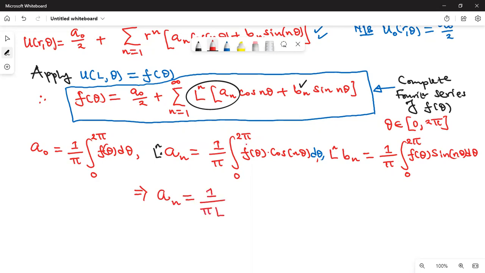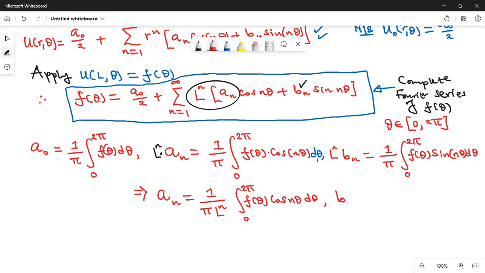times L raised to n, the integral from 0 to 2 pi of f of theta times cosine of n theta d theta.